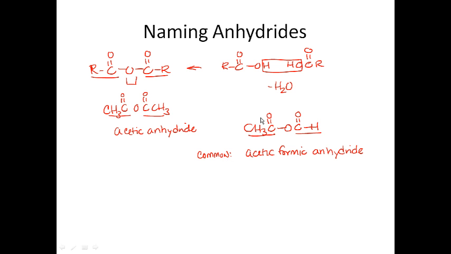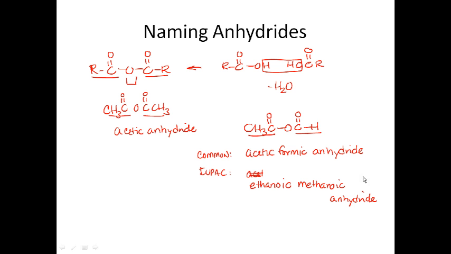Now as far as the IUPAC name goes, there's really not that much difference. Instead, we name the two acids according to the IUPAC rules. So in the IUPAC system, this would be acetic, or no, it wouldn't be acetic, it would be ethanoic, because that's the 2-carbon acid, and then methanoic anhydride.